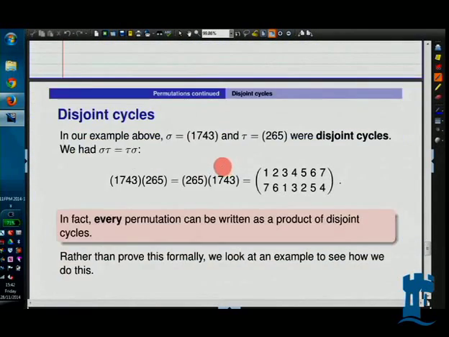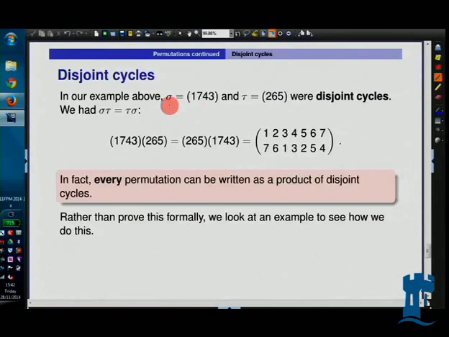Disjoint cycles. I told you already that sigma and tau were disjoint. It's even easier to see that they're disjoint when you write them as cycles. Okay, there's a slight issue: the 1 cycles are a bit silly. Forgetting about 1 cycles, you can normally tell if cycles are disjoint if they don't mention any of the same numbers.